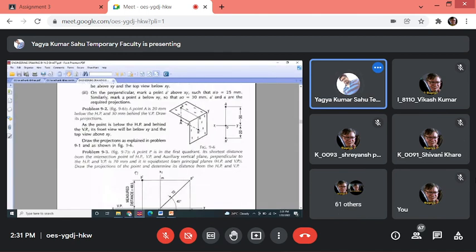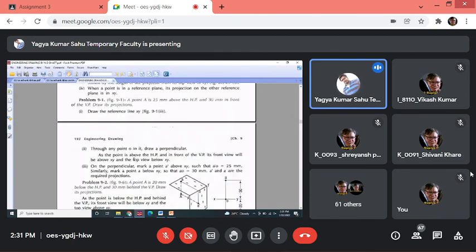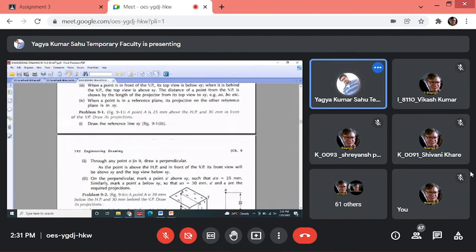Okay. What about this point in problem 9.2? A point is 20 mm below HP and 30 mm behind the VP. Which quadrant? Third. Third quadrant means top view above, front view below. That is the meaning of third quadrant, right? Yes, sir.